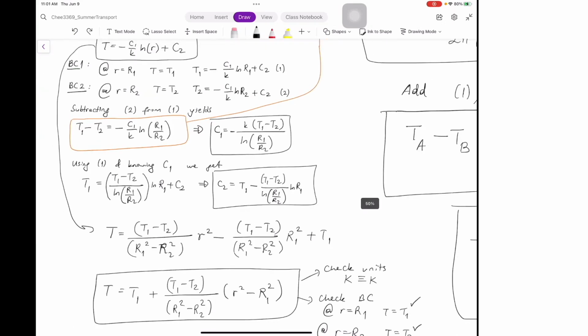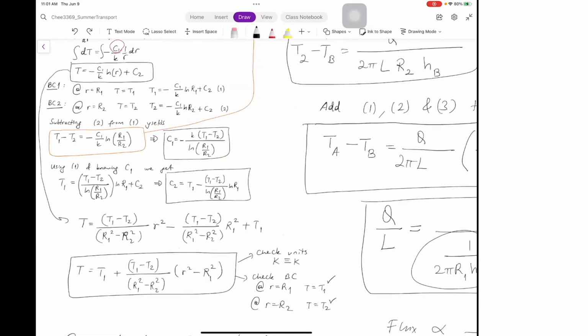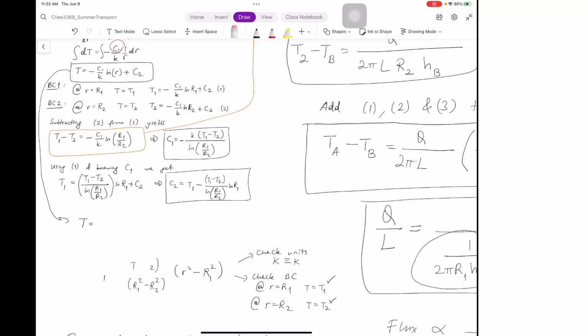There you go. So let's erase this part. So you can write down T is equal to whatever the C1 and C2 is, so you can plug in there. Okay, good. Let's erase this.